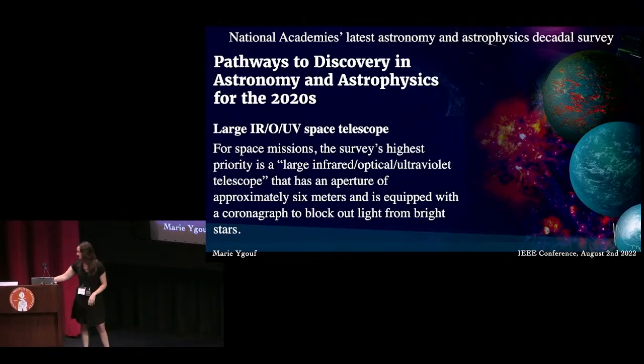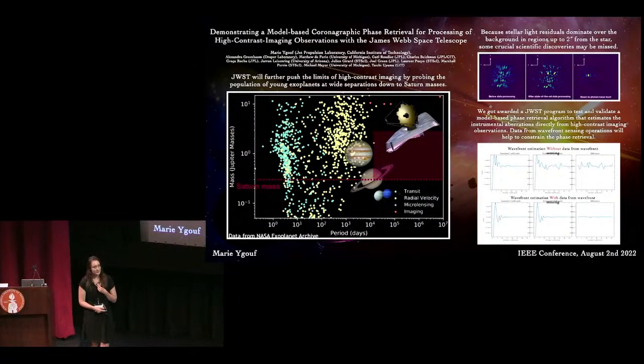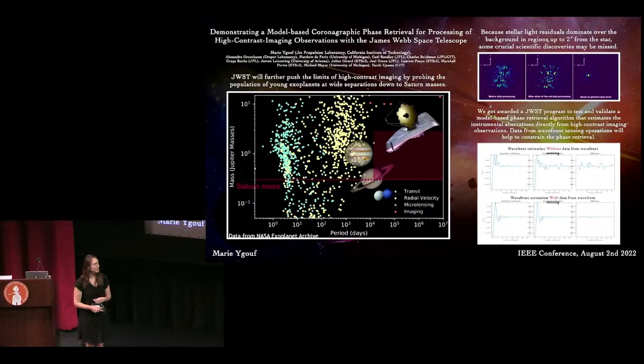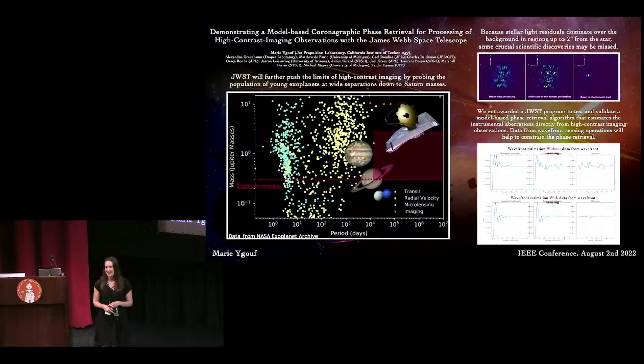And one thing that I wanted to briefly chat about, looking forward to the future, is one of the works that has been keeping me busy for a lot of years now, which is to implement model-based techniques of post-processing on high contrast imaging. I know you're really familiar with those techniques here in this community, but in the high contrast imaging community, it's really a hard sell because people don't really understand.